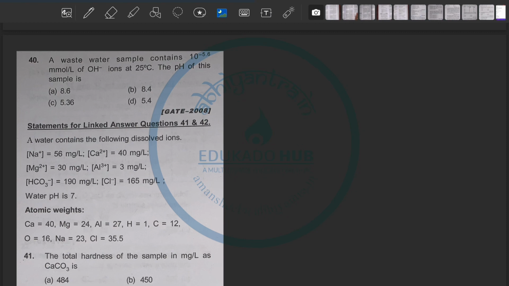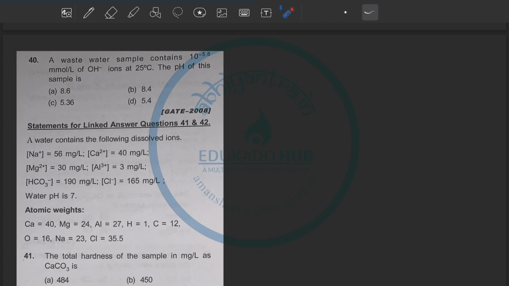So the next question, which is question number 40, states that a wastewater sample contains 10 to the power minus 5.6 millimoles per liter of OH minus ions at 25 degrees Celsius. We need to calculate the pH of the sample.